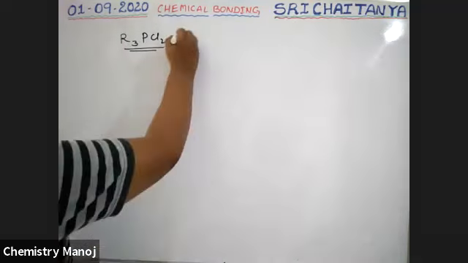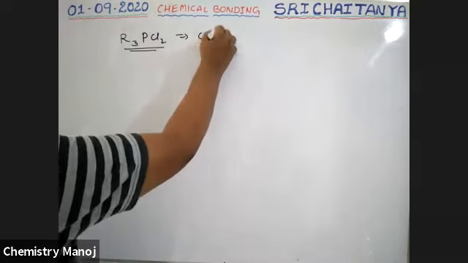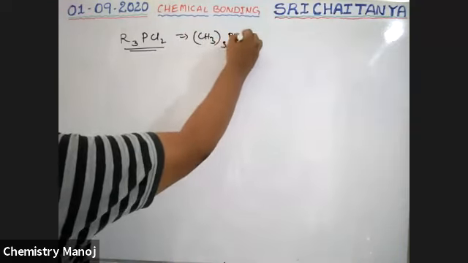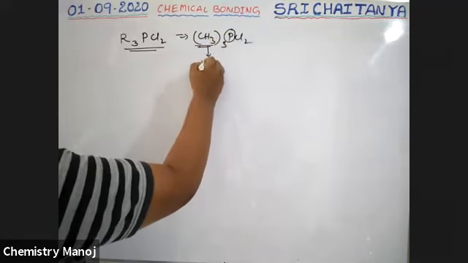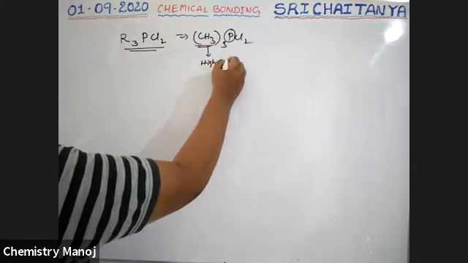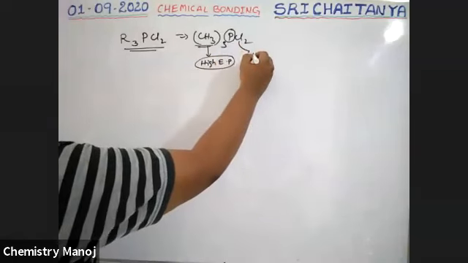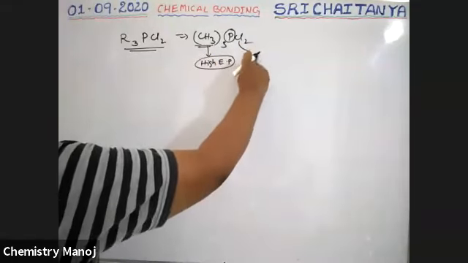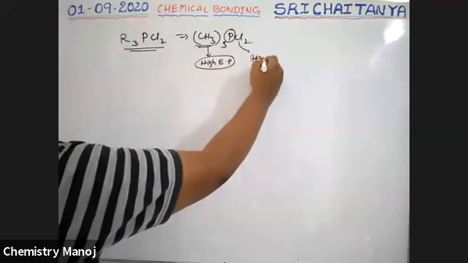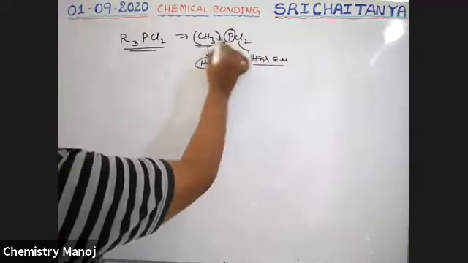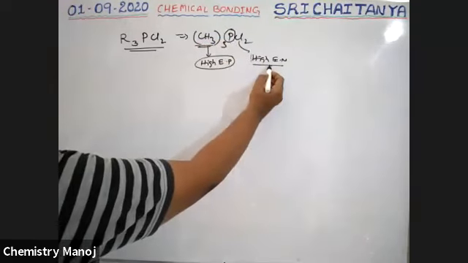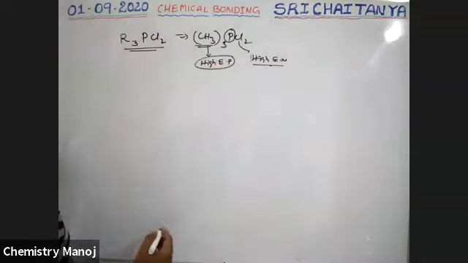For example, (CH3)3PCl2. Here phosphorus is the central atom. This is a high electropositive group, and this is a high electronegative element attached to phosphorus. Among chlorine and methyl group, chlorine is electronegative and methyl group is electropositive.